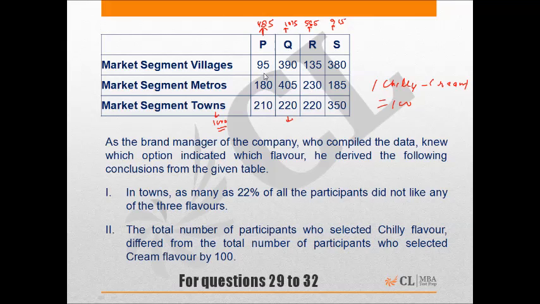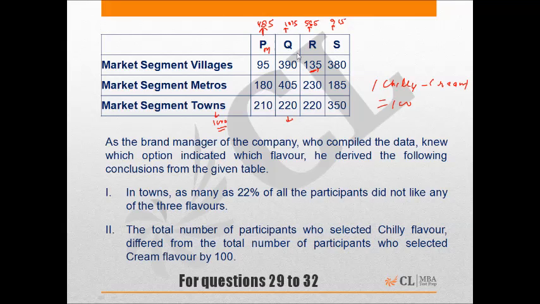So mint could be either P or R, as these are the two options where the minimum number of people responded from villages. In case R is mint, then Q will have to be not liking anything. In that case, P and S will be chili and cream in any order, but in this case, the difference between these two will not be 100. From here, we can conclude that P stands for mint.